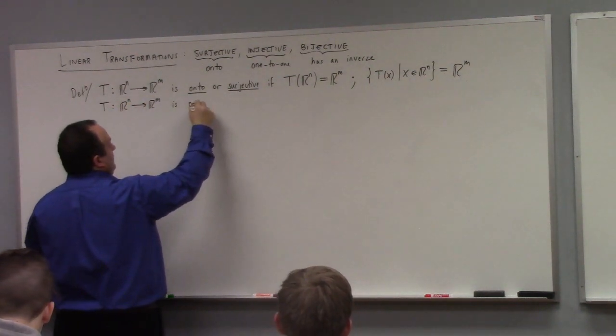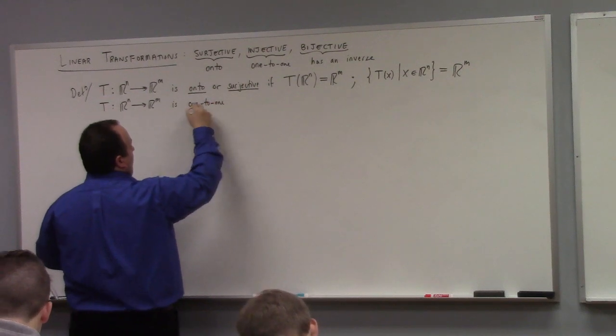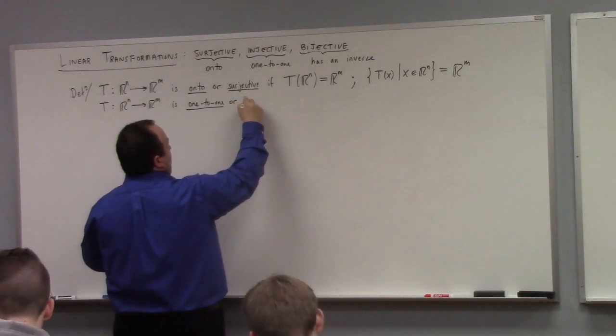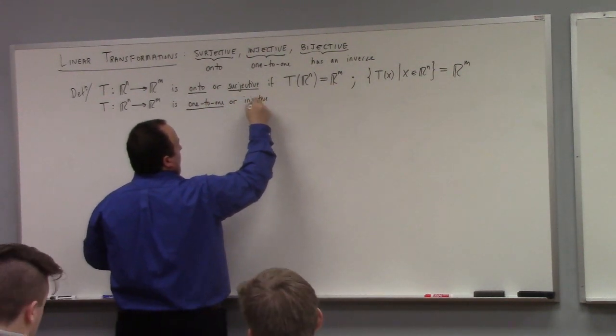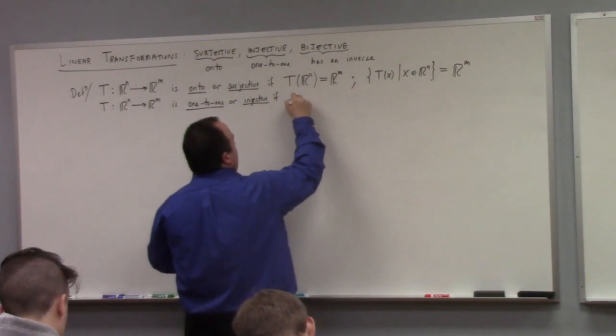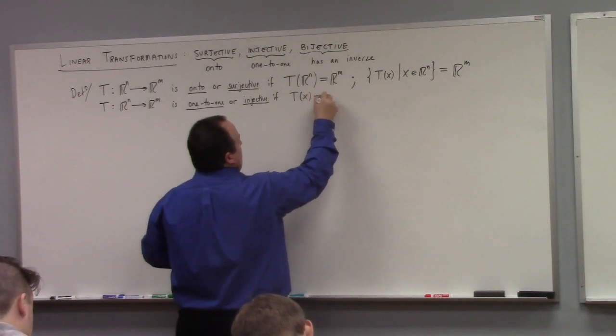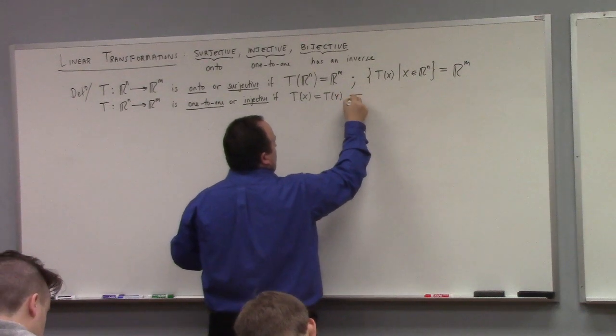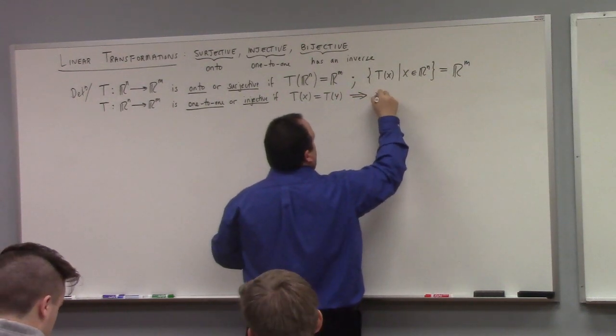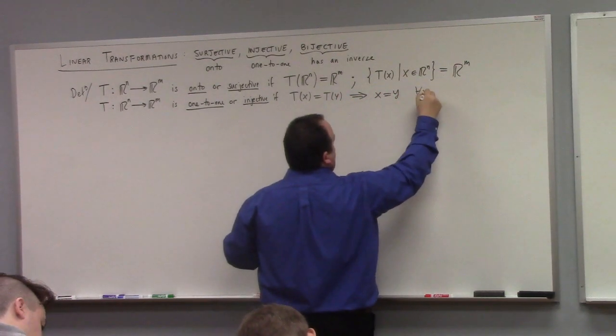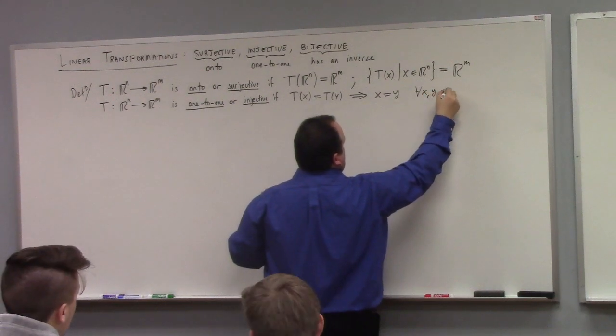T that goes from R^n to R^m is 1-to-1, or injective, if T(x) equals T(y) implies x equals y for all possible x and y in R^n.